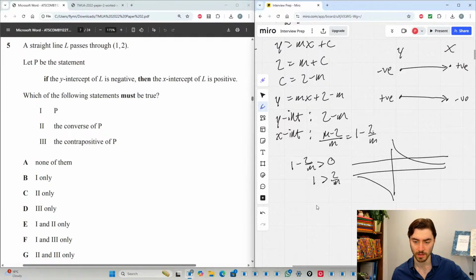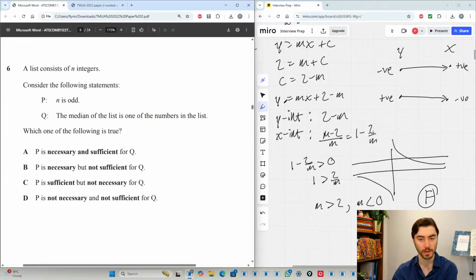And there are two cases. Either m is bigger than 2, or m is less than 0. And we can consider the consequences of that on the y-intercept. No, we can easily have, if the x-intercept is positive, we can easily have y being positive for when m is bigger than 0. So the converse is not true, but 1 and 3 are true. And so I'm going to lock in F as my answer here.